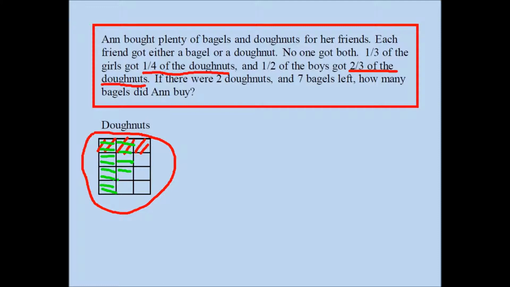Two-thirds in green, and one fourth in red. That's the justification for the choice of my rectangle to represent all of the doughnuts.